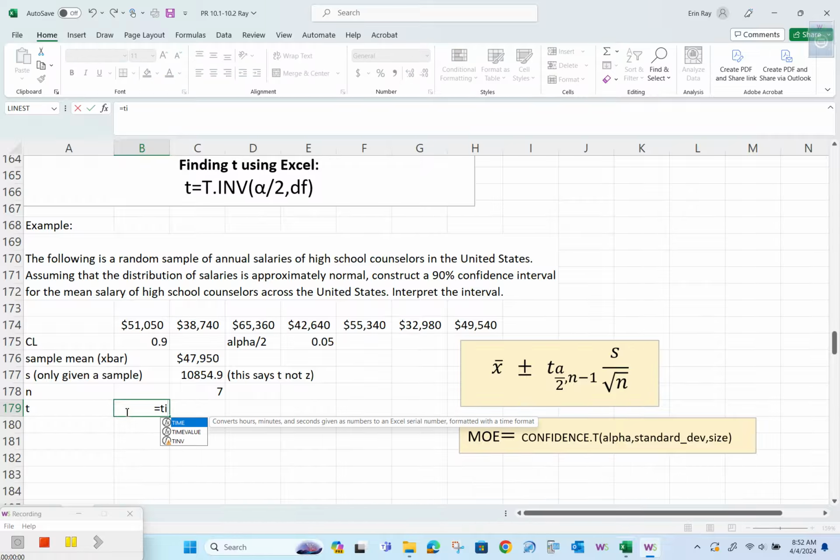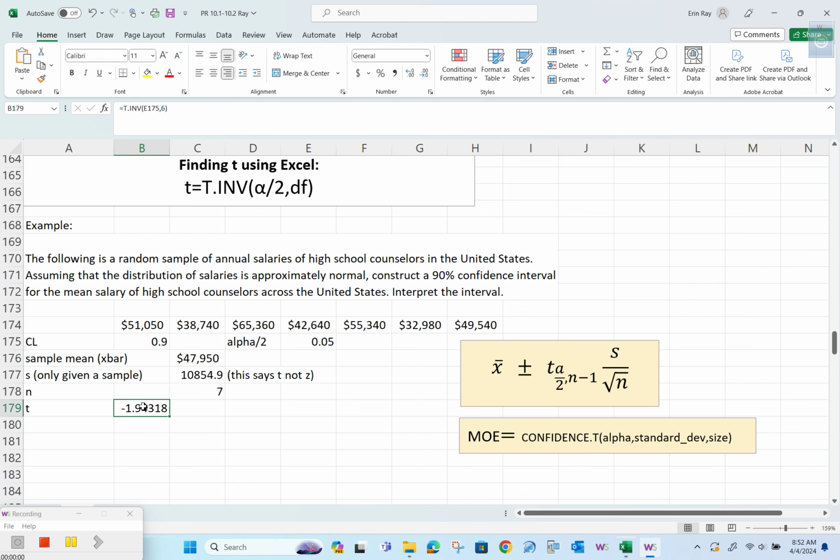So now my t inverse, I can put in that alpha over 2, and then n minus 1 is 6. So there's my t-score. Remember, this is an interval around the mean. If it helps you to draw it out, you can.